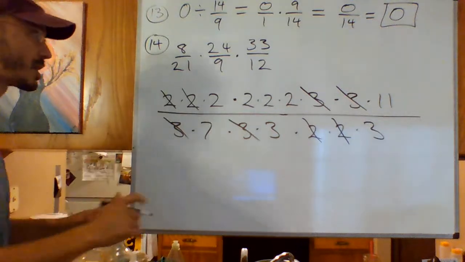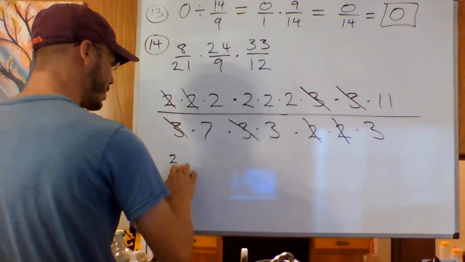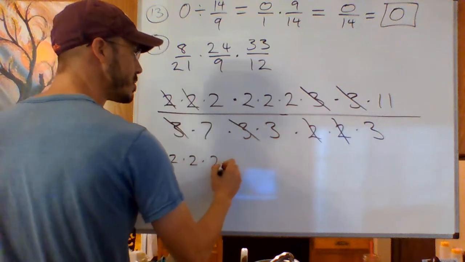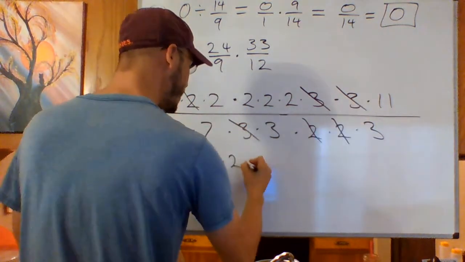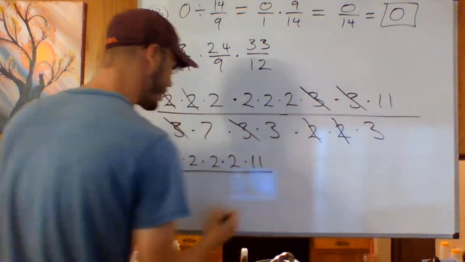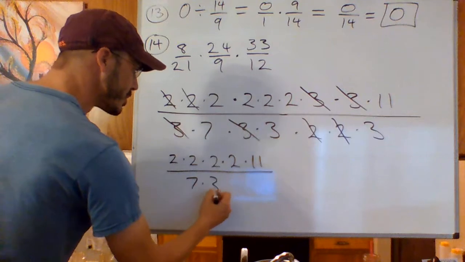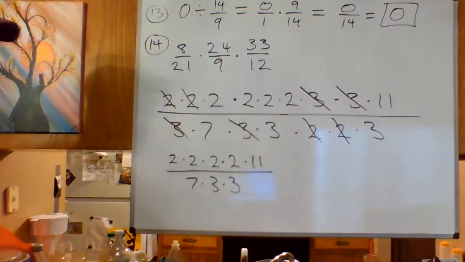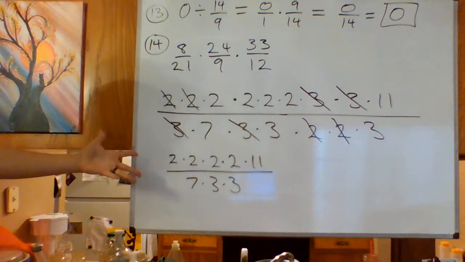So I'm going to clean this up. First, I've got 2 times 2 times 2, 4 of them, times 2, times 11, over 7 times 3 times 3. So these are still prime factors, but notice there are no common factors upstairs and downstairs for me to cancel.